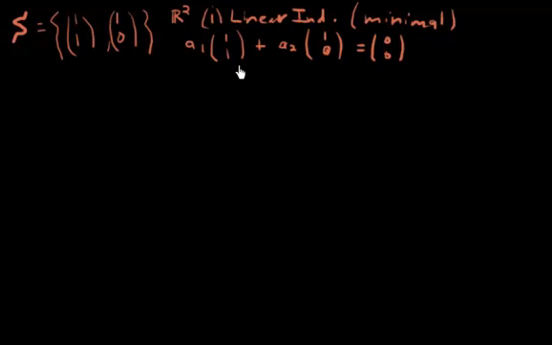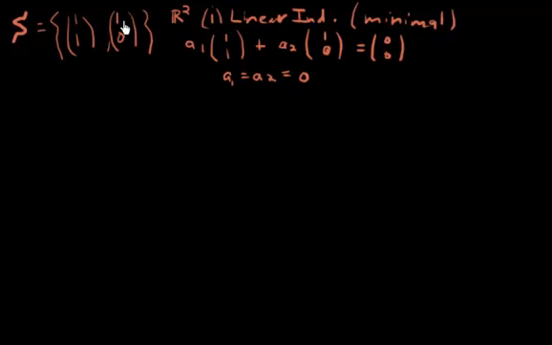And if we think about this equation, the bottom equation says a1 is 0, and the top one says a1 plus a2 is 0, and so substituting the first solution into the top, we see that they both have to be 0 for this to be true, and that shows that this is a linearly independent set.